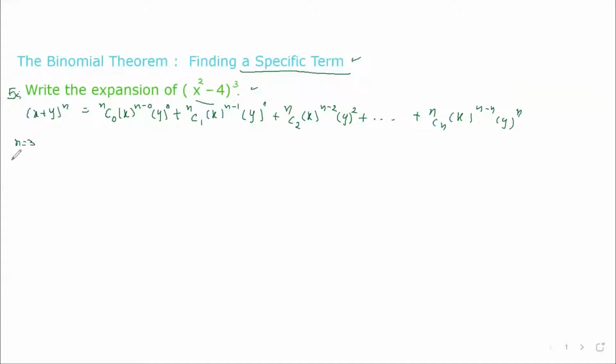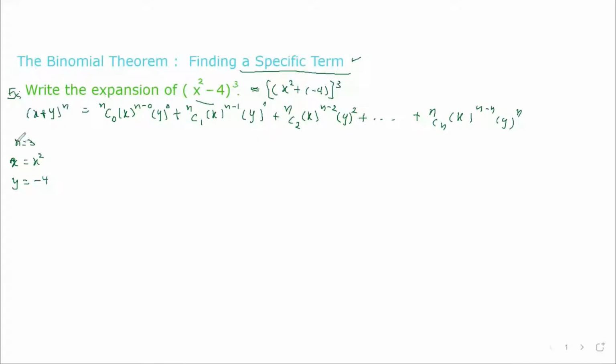And x here equals x power 2, and y equals -4. We can rewrite it in this pattern because the formula comes with a plus sign. So we can write x squared plus -4, and the whole thing power 3, right?